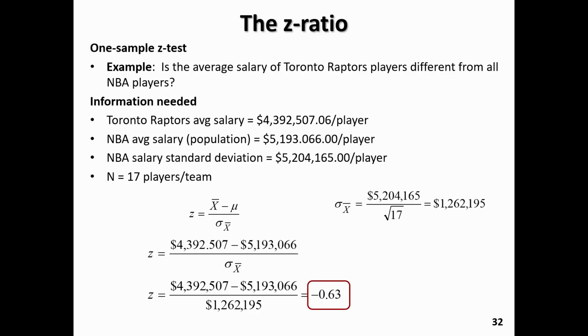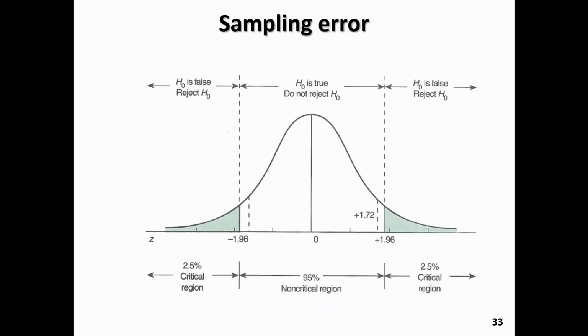Now, what do we do with this value here? We now have to go back to the distribution that this equation is modeled upon, and that distribution is the normal distribution. And recall that in the normal distribution, we have what's called a non-critical region and critical regions in the tail regions. For most studies, and in this particular study, our standard of risk for a type 1 error is going to be 5%, as it is in many research studies.